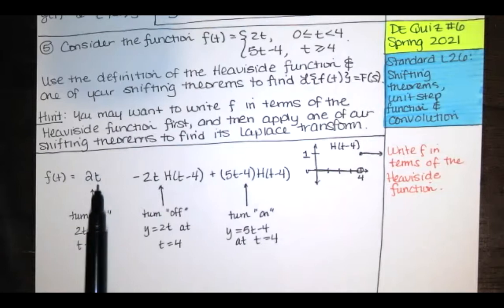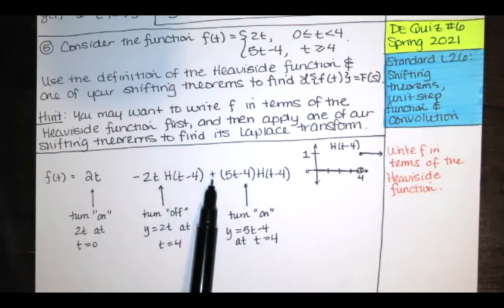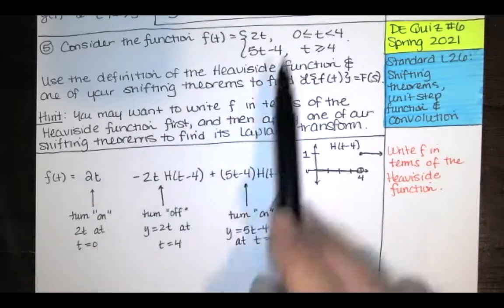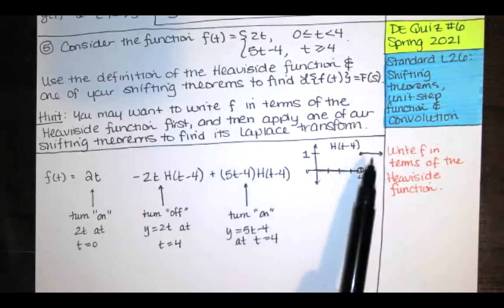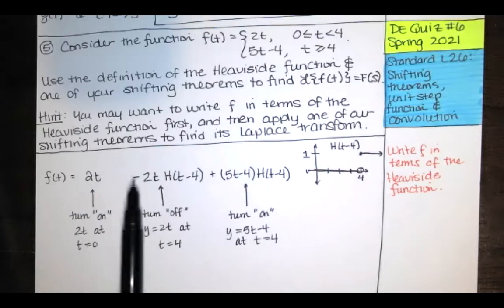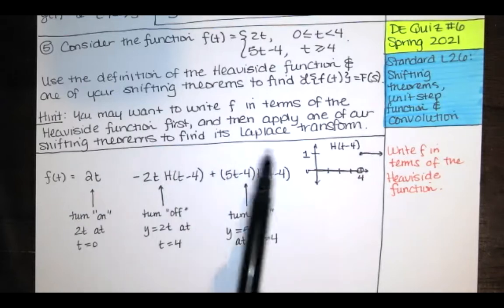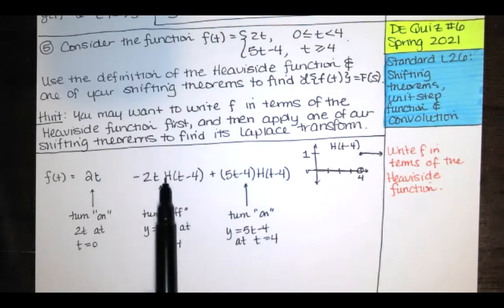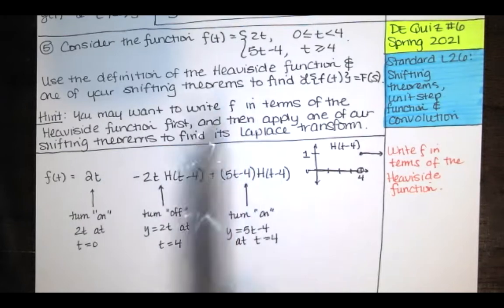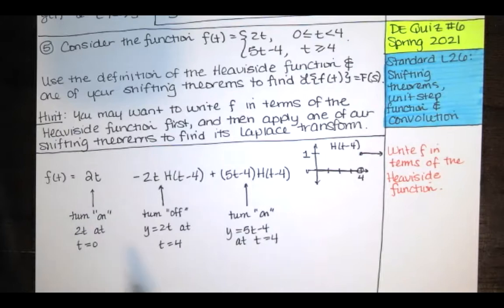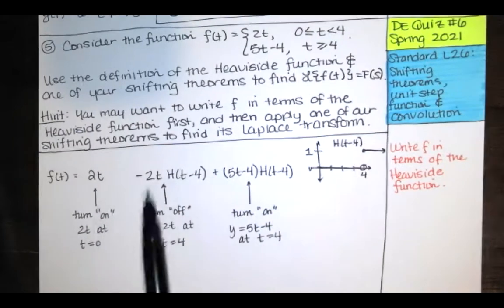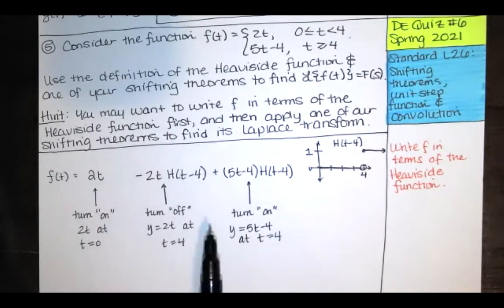So this is 2t minus something times 0 plus something times 0. So it's just going to be 2t on that first interval. And then from 4 to infinity, the Heaviside function is 1. So this is 2t minus 2t plus 5t minus 4, because this is 1 and this is 1. The 2t minus 2t reduce, and you're just left with the 5t minus 4. So we have our function f in terms of the Heaviside function.